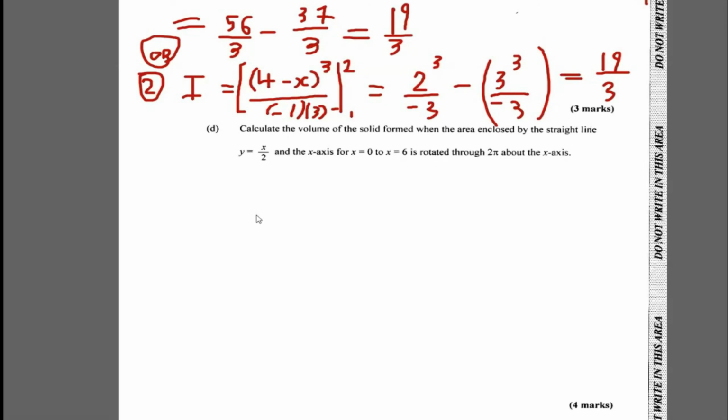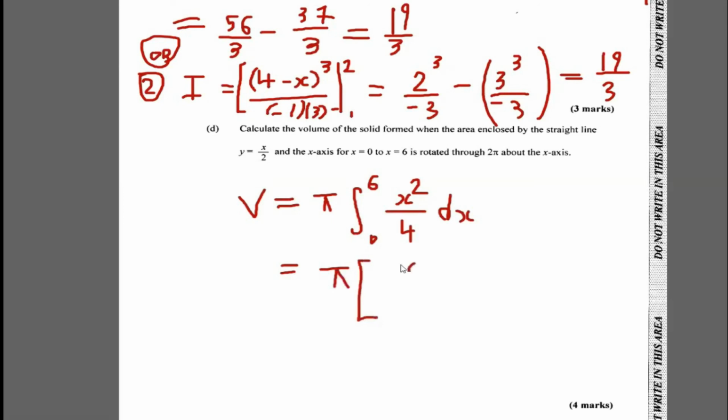Now, volume about the x-axis is equal to pi times the integral from a to b. In this case, it's the integral from 0 to 6 of y squared. y squared is going to be x squared over 4 dx.